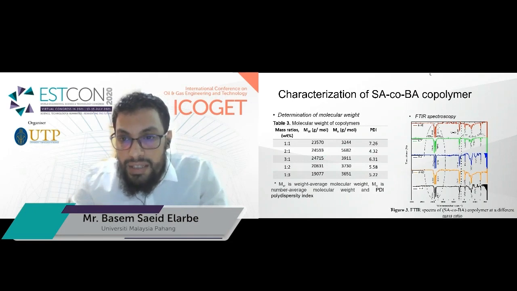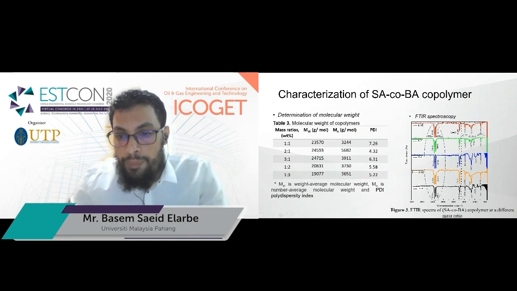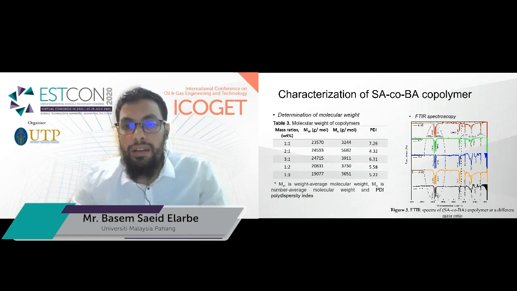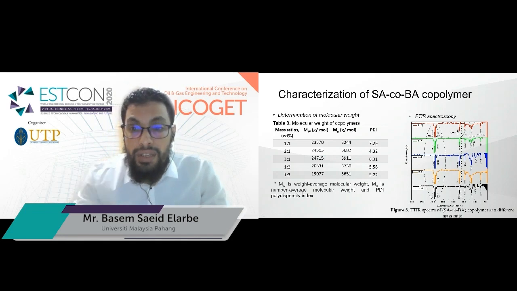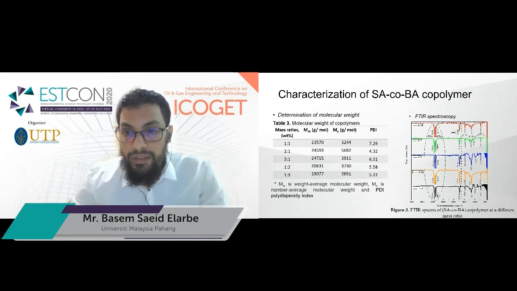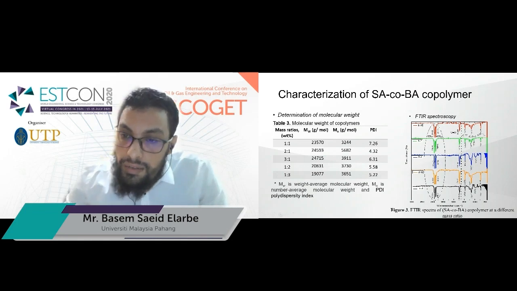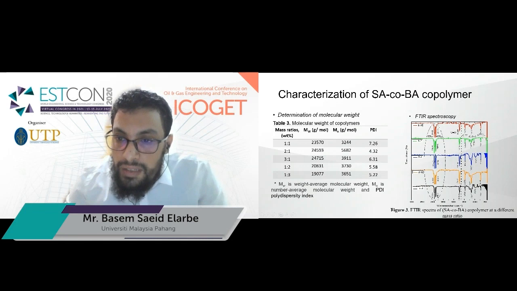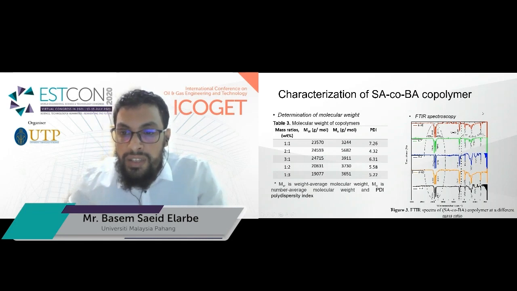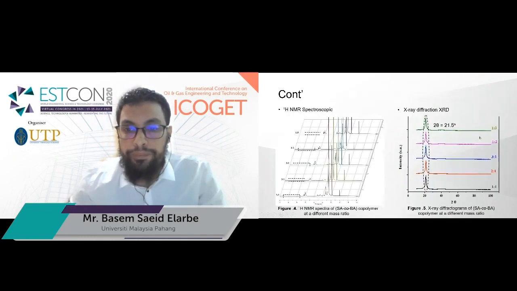As you can see here, the appearance of the absorption peak around 1600 means that the SA and BA have already polymerized, and the peak around 719 and 720 is related to the long alkyl chain of the CH2 group.